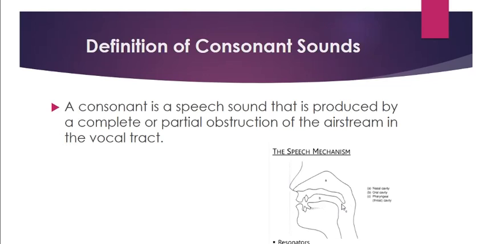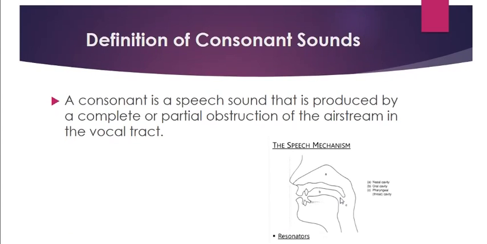Obviously, in the different parts where you make the obstruction, we will make different sounds. If you make the obstruction with the velum and the back of the tongue, then we're going to make velar sounds like G or K. If you make the obstruction with the tip of the tongue at the alveolar ridge, then you are going to be making alveolar sounds like t, d.